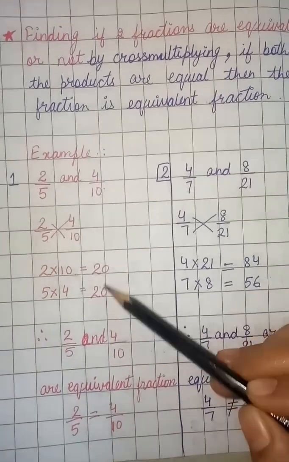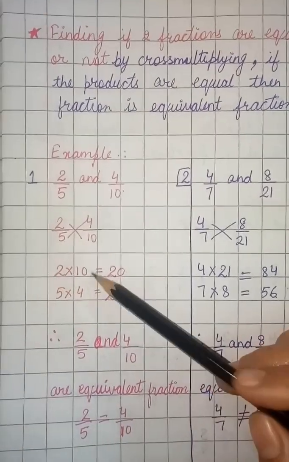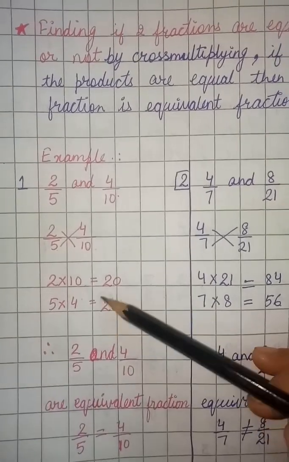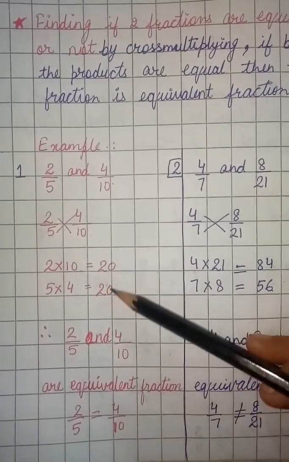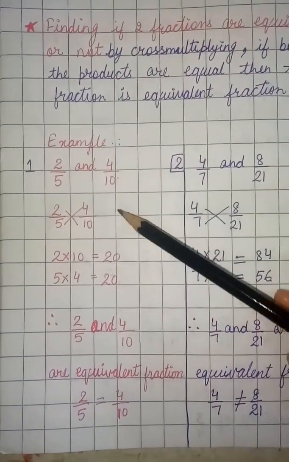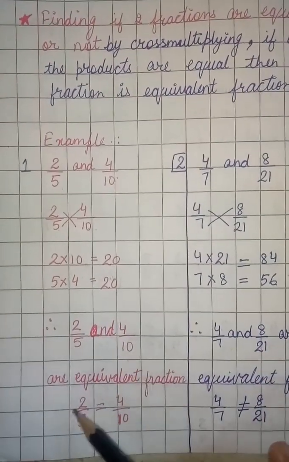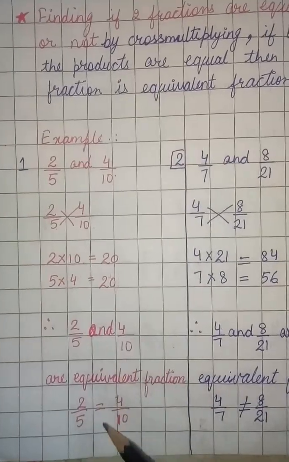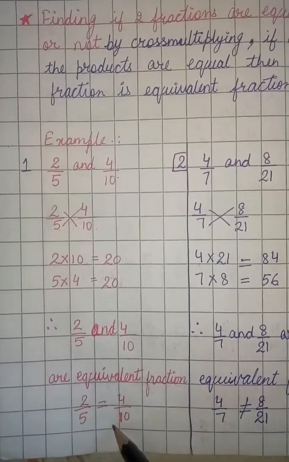So after cross multiplication we got the same result. Therefore 2 by 5 and 4 by 10 are equivalent fractions. 2 by 5 and 4 by 10 are equal.